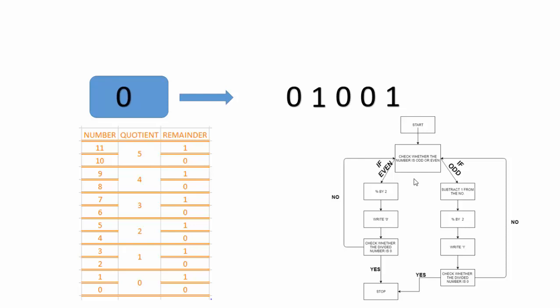When you subtract 1 from 1, you get 0, and dividing it by 2, you again get 0. But do not forget to write 1 in this stage. That is very important. And this is how we reach our final answer, that is 101001, which is the binary representation of number 41.